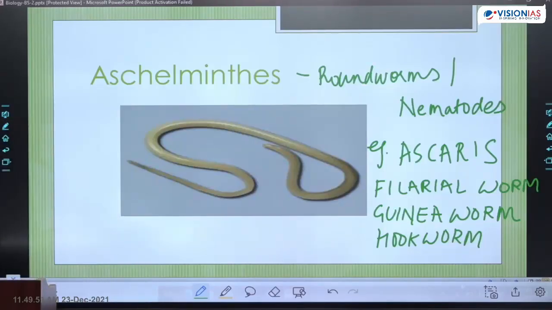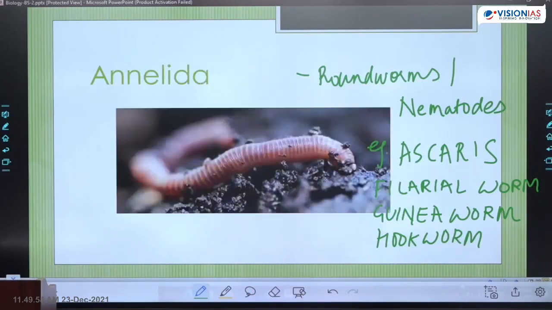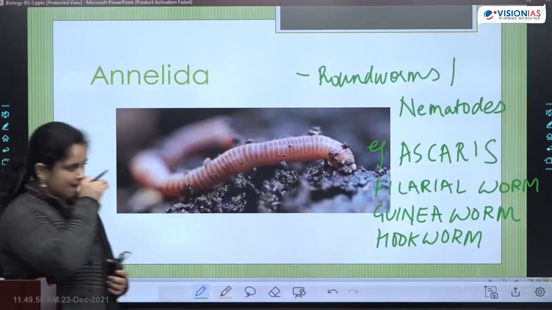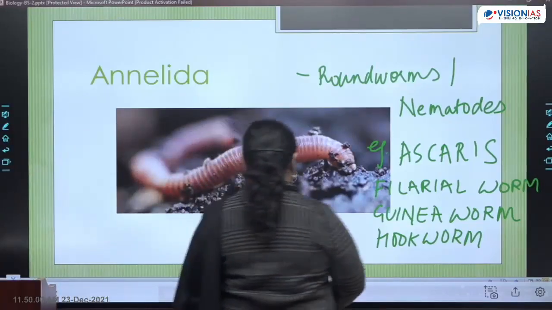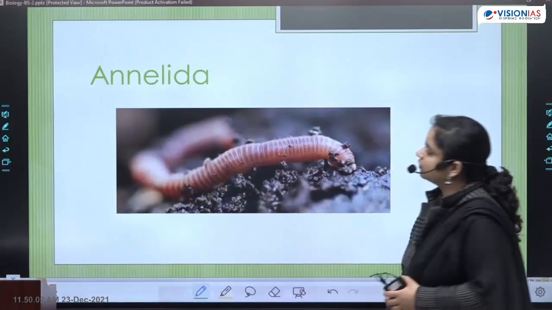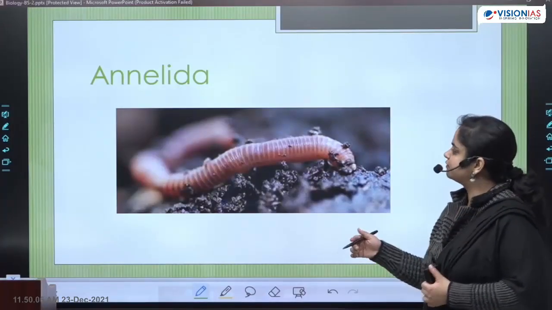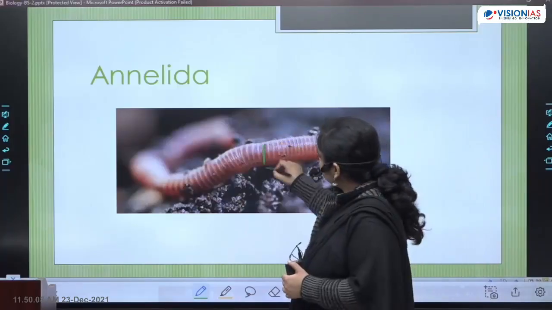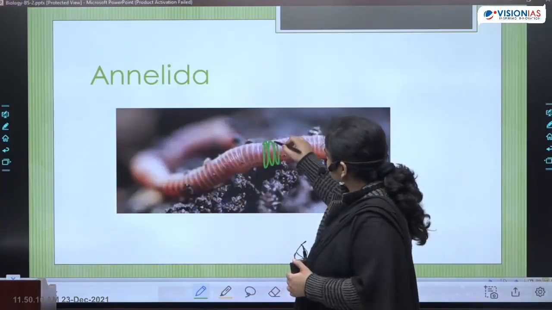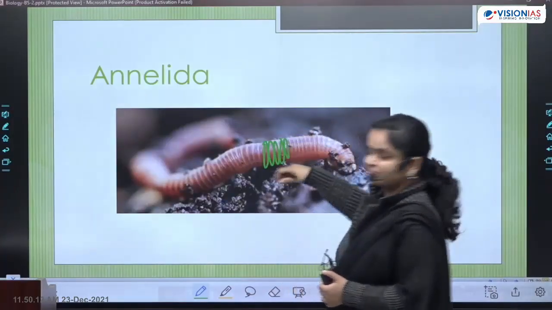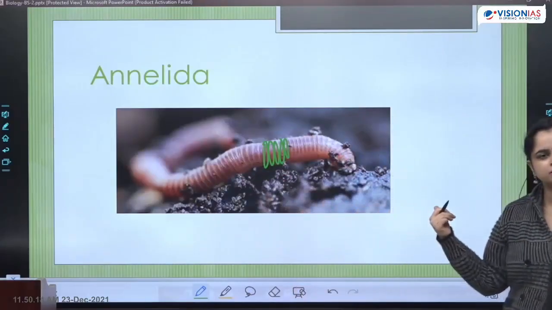Next category is called Annelida, and you can see the earthworm here. The property of this group is that their body is in segments. So you can make out these segments also from the picture.